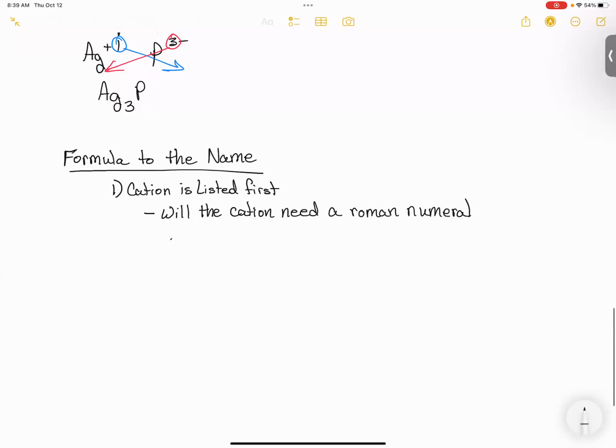If you answer no, then you name the cation, name the anion, and you are done.